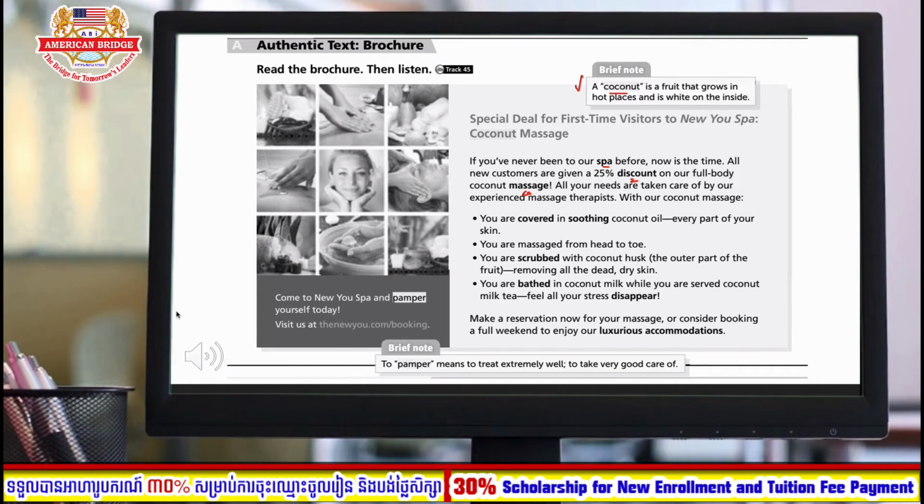Track 45. Special deal for first-time visitors to New You Spa, Coconut Massage. If you've never been to our spa before, now is the time. All new customers are given a 25% discount on our full-body coconut massage. All your needs are taken care of by our experienced massage therapists. With our coconut massage, you are covered in soothing coconut oil, every part of your skin.